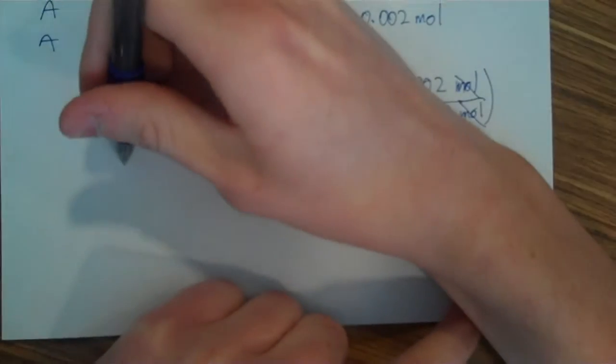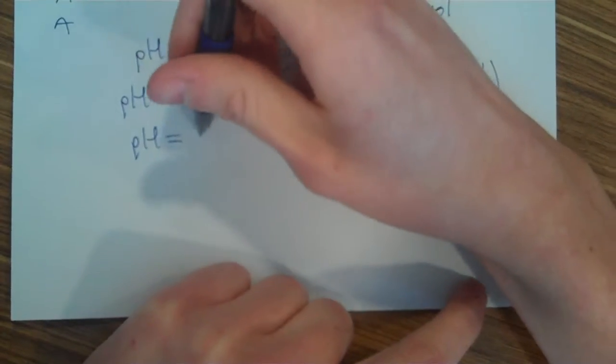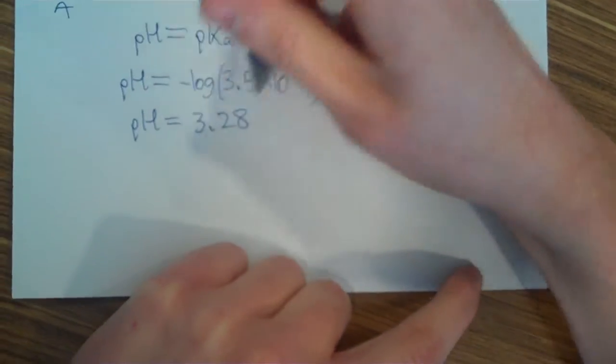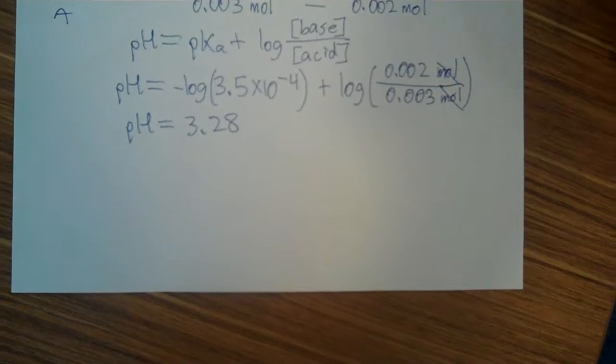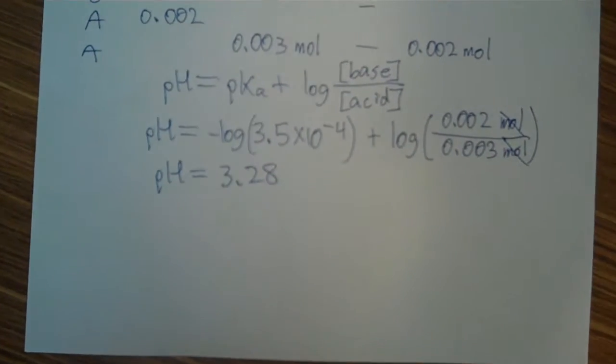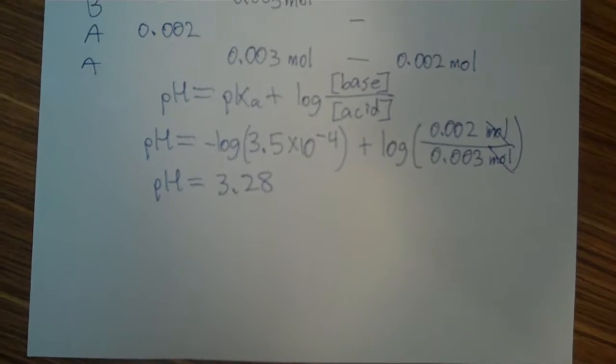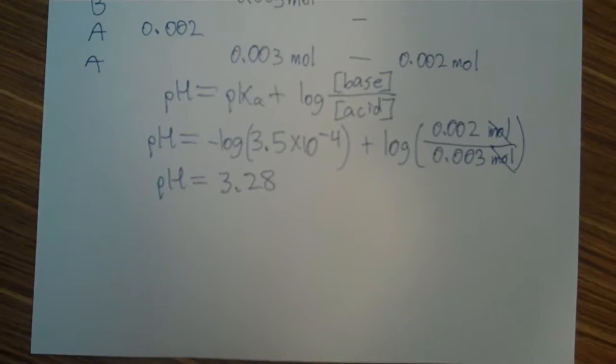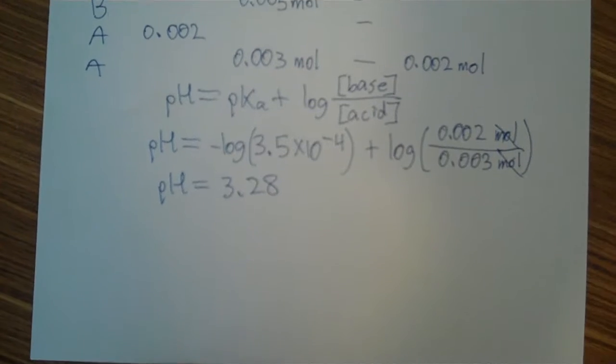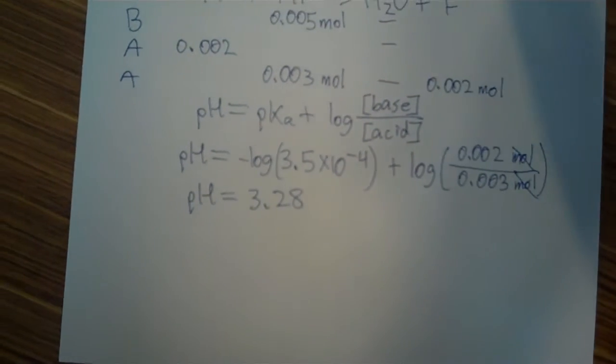This will give us a pH equal to 3.28. Now this is what we expected. The pH should be lower than what the pH at the equivalence point will be, because we haven't added enough base to overcome the acid just yet.